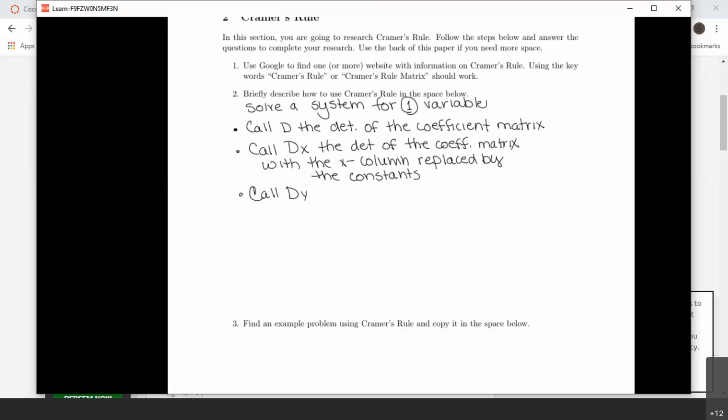Okay, so D sub y is the determinant of the coefficient matrix with the y column replaced by the constants.